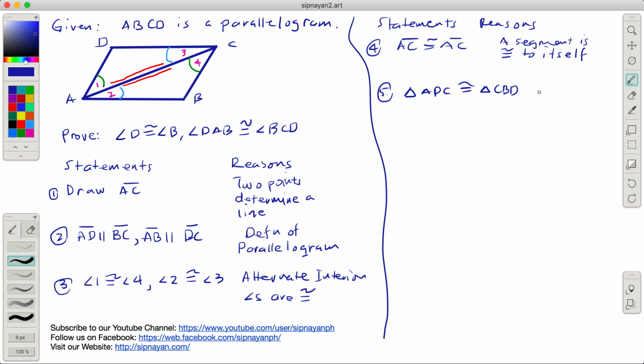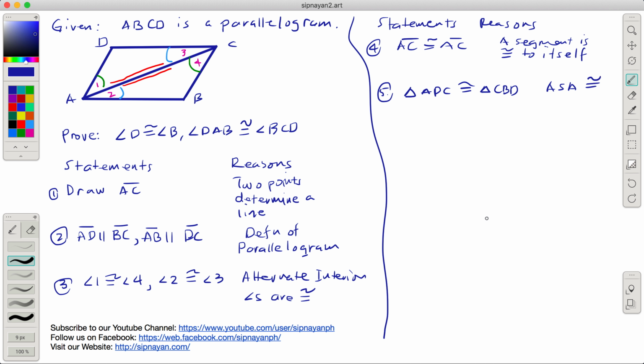So, by ano to? By SAS congruence. Oh, sorry, hindi SAS, ASA pala siya. Kasi angle, side, angle. Angle, side, angle congruence. Alright, so yun yung reason natin.